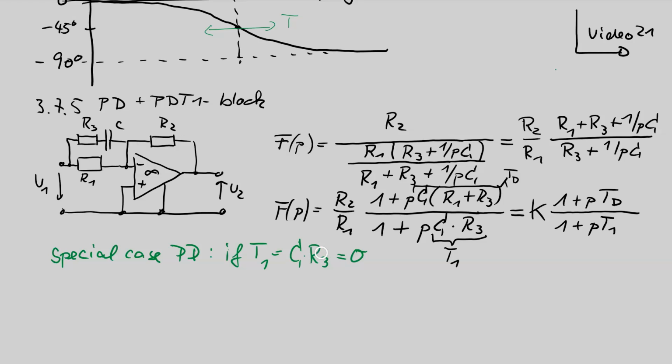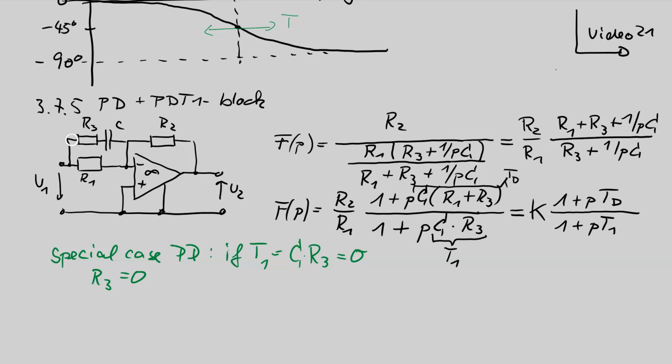But if R3 is 0, this has no influence on TD, because TD then is the remaining product C times R1. So R3 equal to 0 means now we have no resistance here.